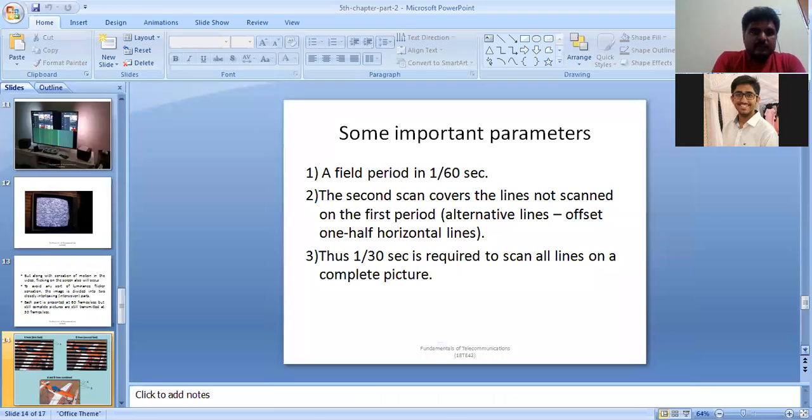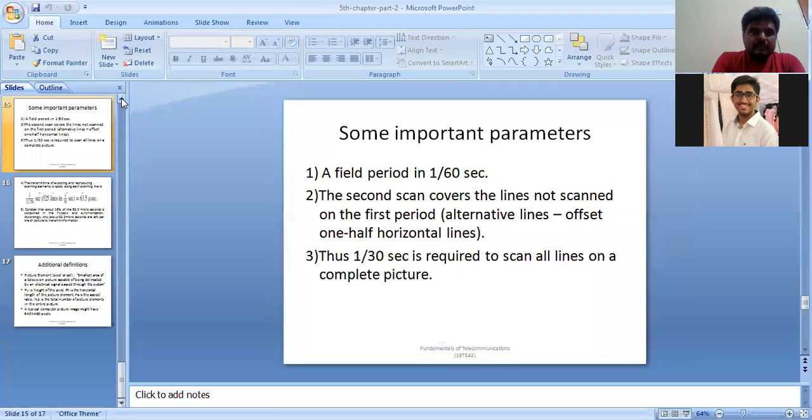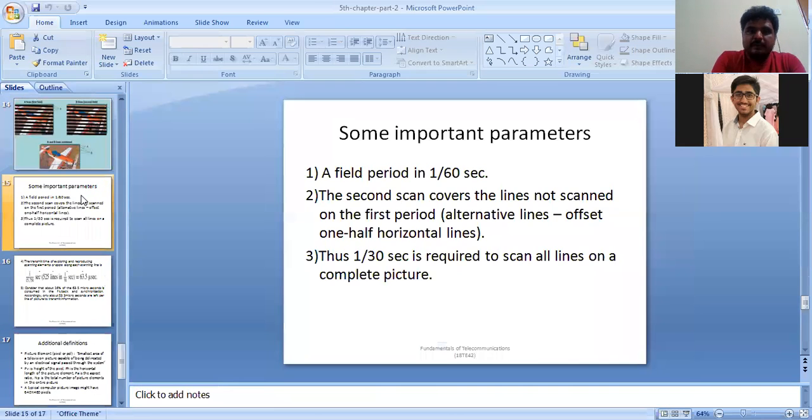There is some small amount of mathematics involved, which is very easy. After you listen to me, if you go through the book, you will feel very comfortable. One field is scanned at a rate of 1 by 60 second.